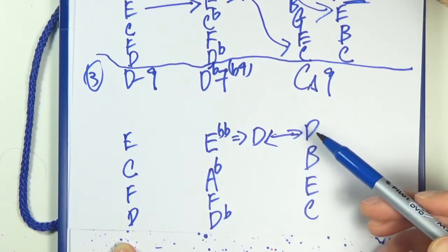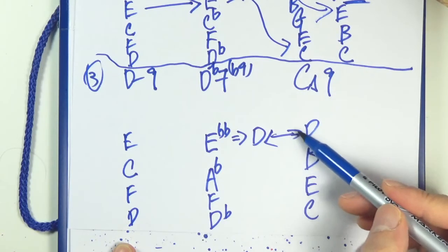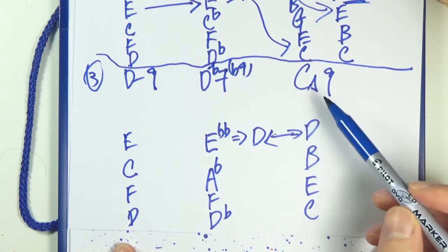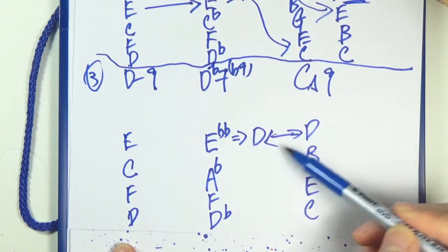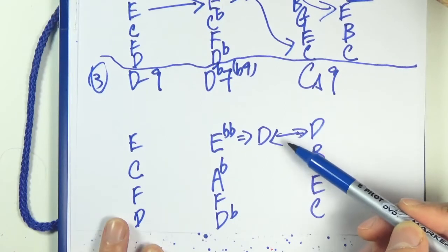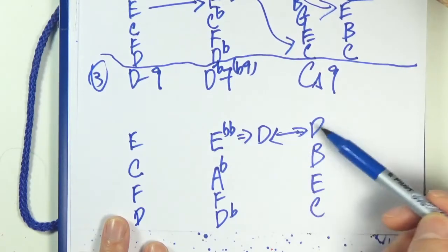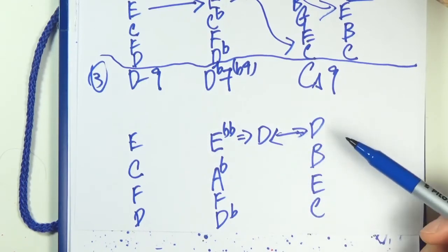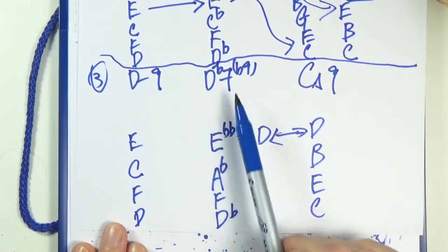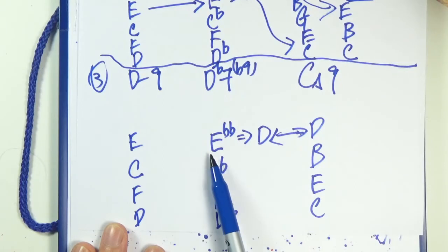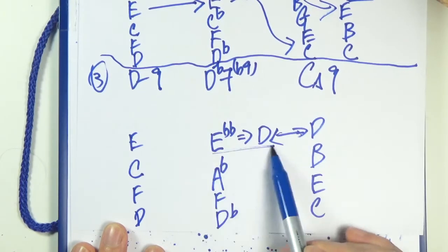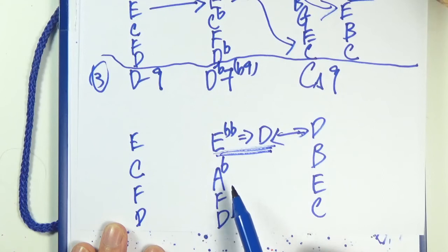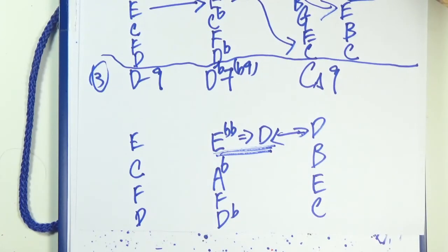When we comp or accompany, one technique that we use is to keep the top voice stationary, meaning we play the same tones. We try to keep notes that are common to two chords. So flat 9 is also a very good use case here. That's another possibility that you can look at.